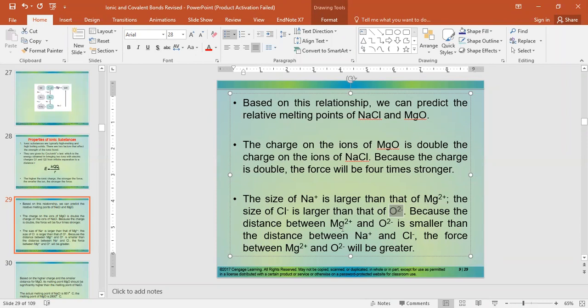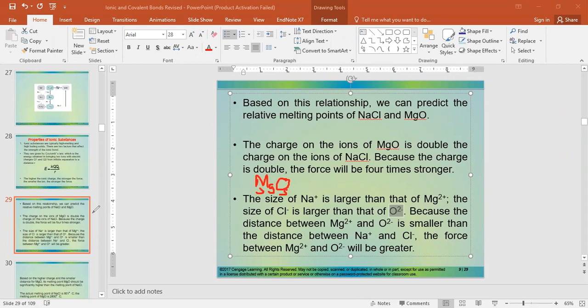So because the distance between magnesium ions and oxide ions is smaller. Why is it smaller? Let me write this one again. We talk about magnesium oxide, and we have seen that the ion here is small, isn't it? This one is also small.